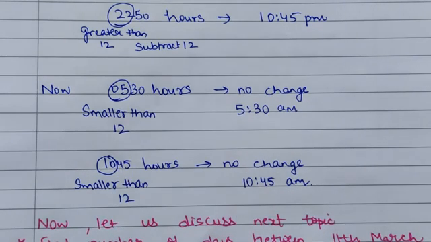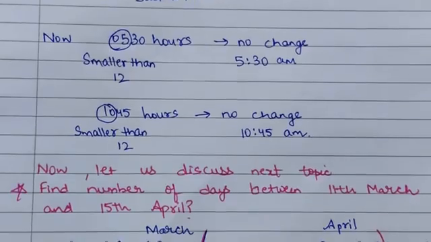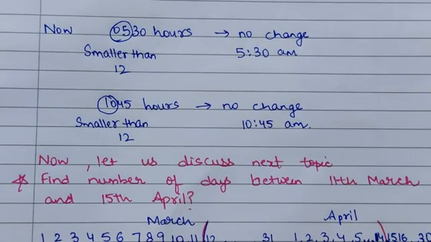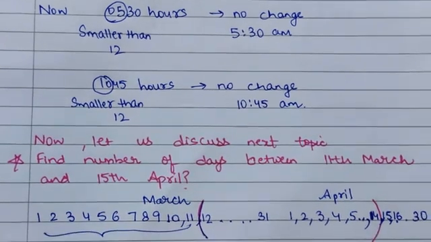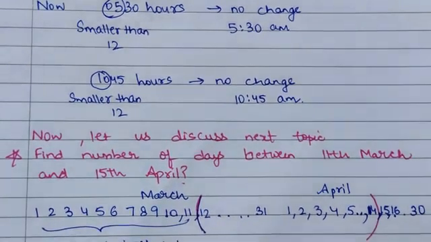Now children, let us discuss the next topic where we have to find the number of days between the dates that are given to you. Suppose we have to find the number of days between 11th March and 15th April. Between 11th March means date 11 is not included, so we have to subtract these days.